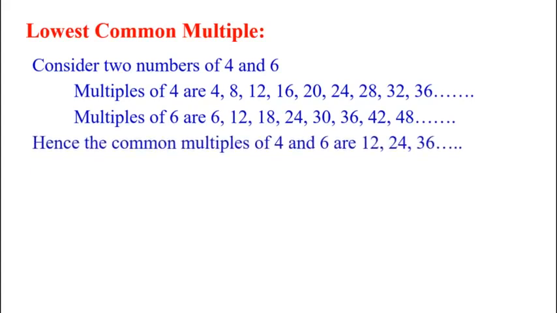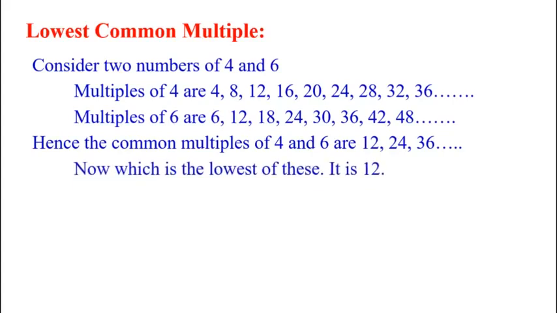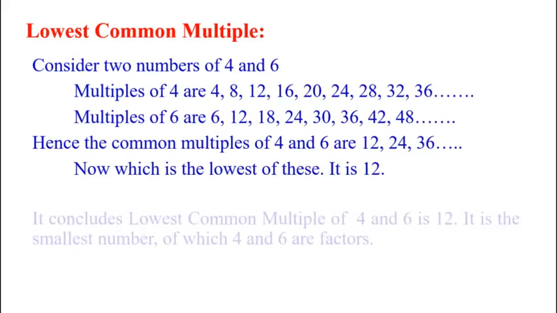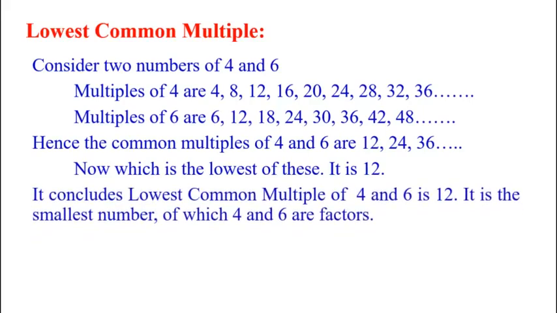Hence, the common multiples of 4 and 6 are 12, 24, 36 and so on. Now, which is the lowest of these? It is 12. It concludes that the lowest common multiple of 4 and 6 is 12. It is the smallest number of which 4 and 6 are factors.